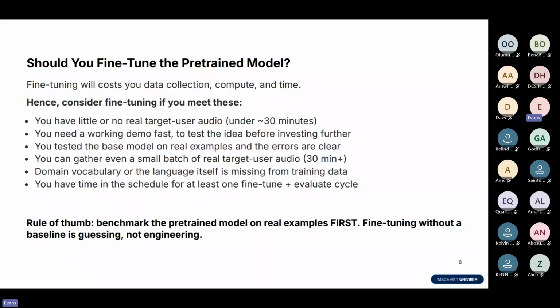Was the model trained on agricultural data? No. Then you can fine tune, get some audio. Approximately 30 minutes will work if you have 30 minutes of aggregate data, or it can work for you depending on how you set your parameters and all that. So if your answer is no, you can fine tune, right?